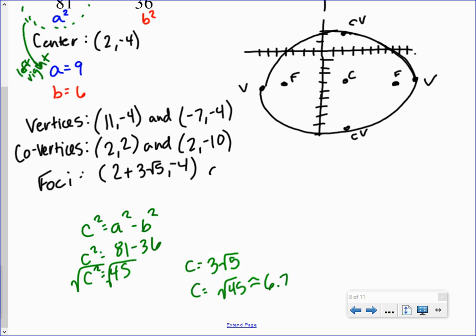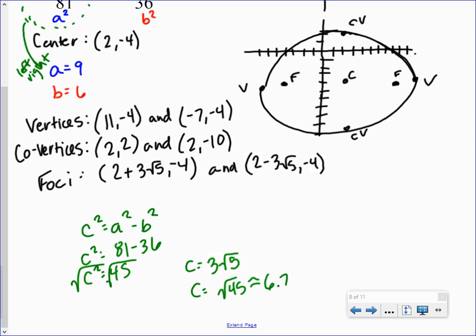And the other one is at (2 minus 3 square root 5, negative 4). So on that, I'm going to be picky. I want the exact location of the focus point. So add, subtract, the simplified radical. Don't give me 2 plus 6.71. I don't want that decimal value.